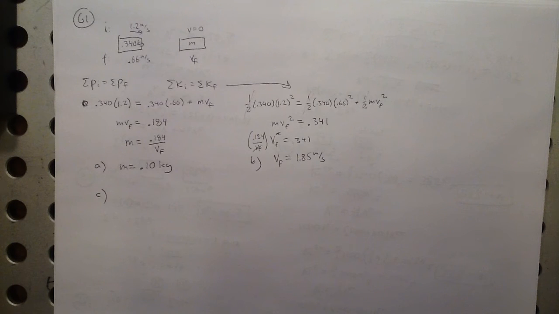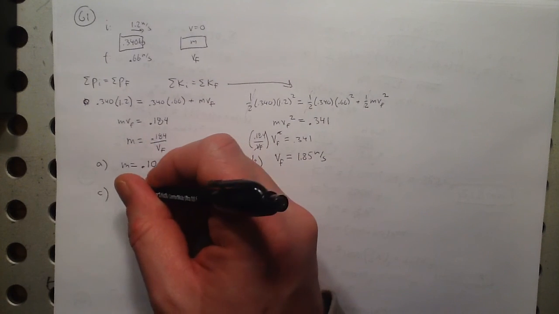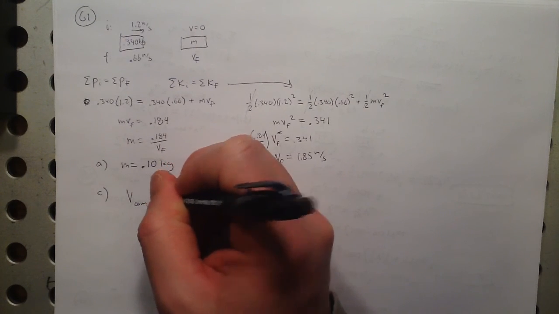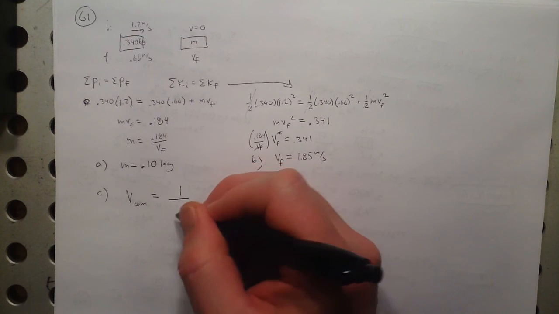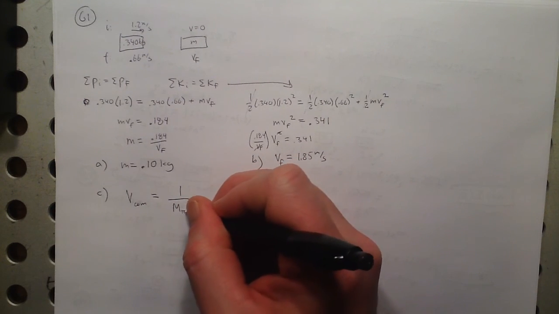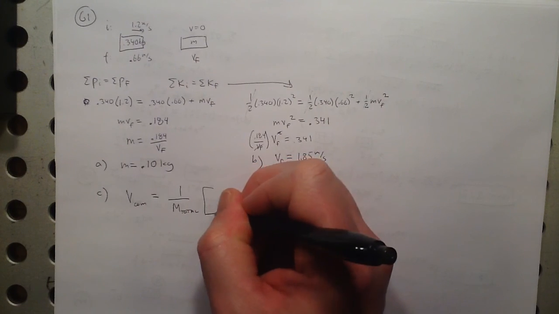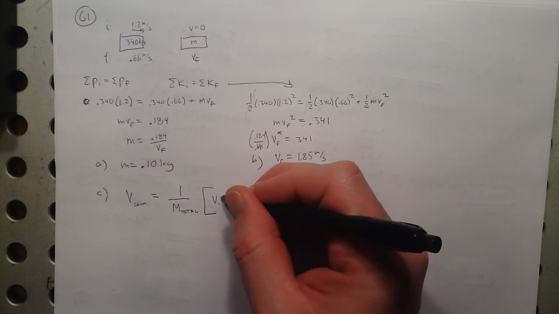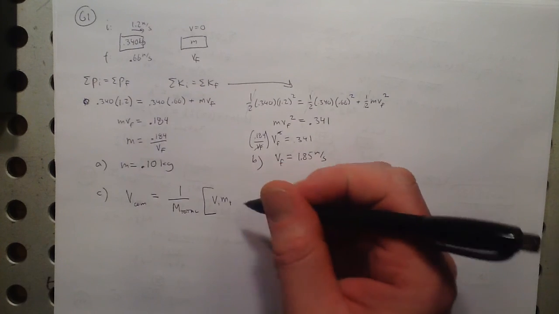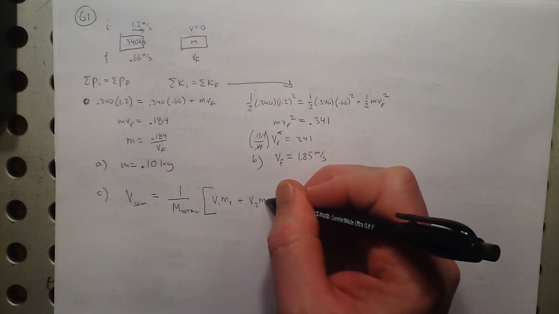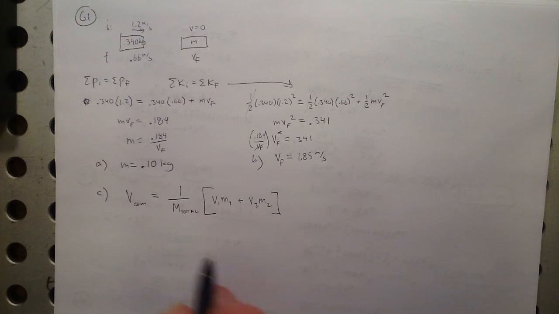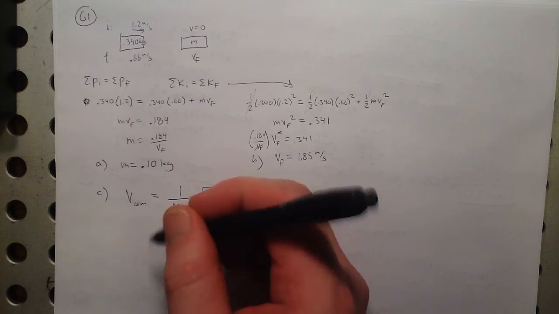Well, if you remember your formulas for finding center of mass, that formula extends to finding velocities also. So the velocity of the center of mass is equal to the weighted average of the velocities. So that's 1 over the total mass times the velocity of the first thing, so mass times velocity. So it looks like momentum, but you get the idea. It looks just like the center of mass calculation.